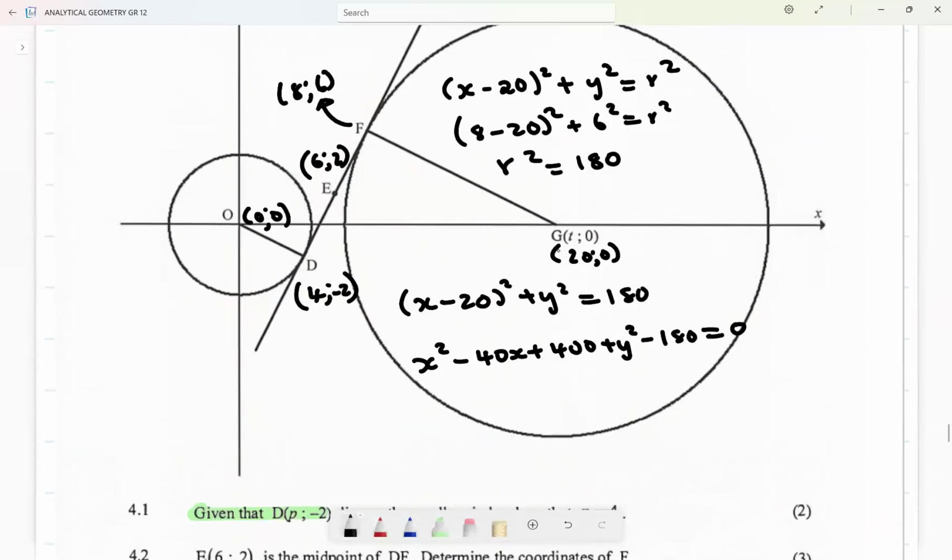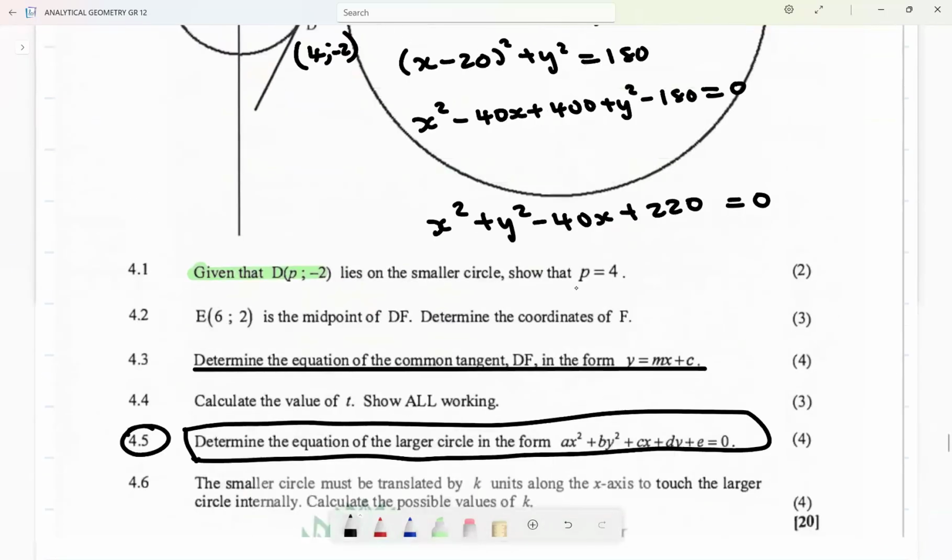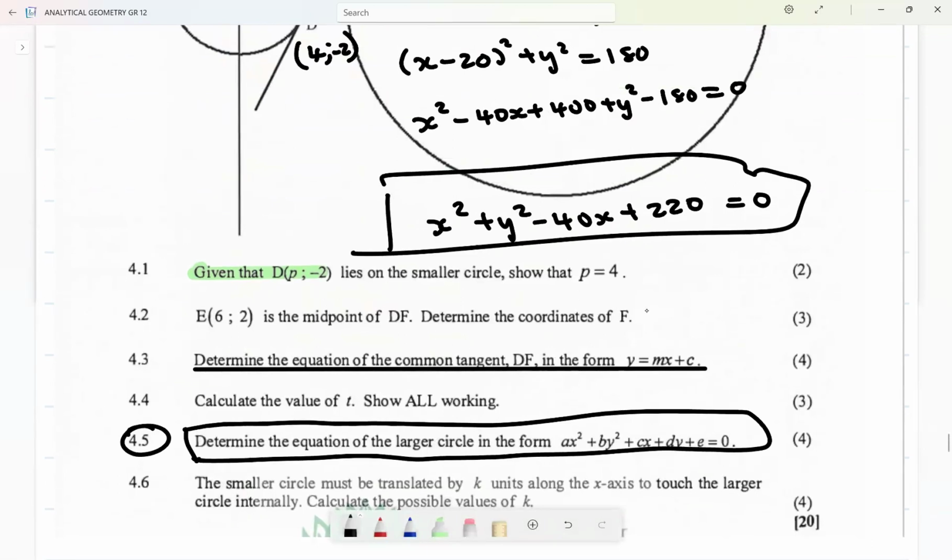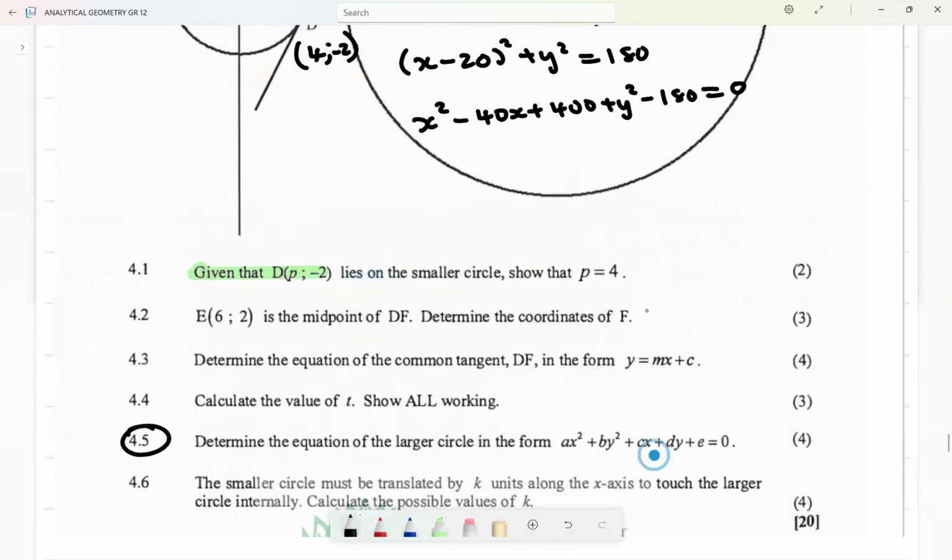So it's going to be x squared plus y squared minus 40x plus 220 is equal to 0. Fine, guys. So this is how they want it. You're going to give them the way they want it. Okay. Let's erase this, guys. I said it is x squared plus y squared minus 40x plus 220.